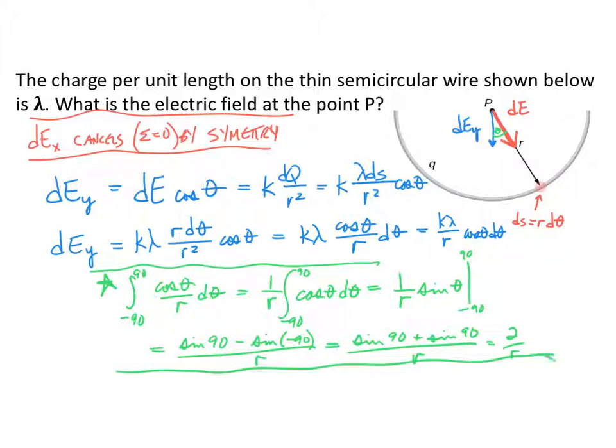So that's the calculus guts of the integral. And so this part here, where's my highlighter? This part ends up through the integral working out to be a 2 over r.